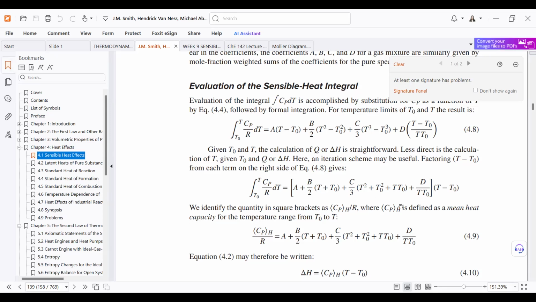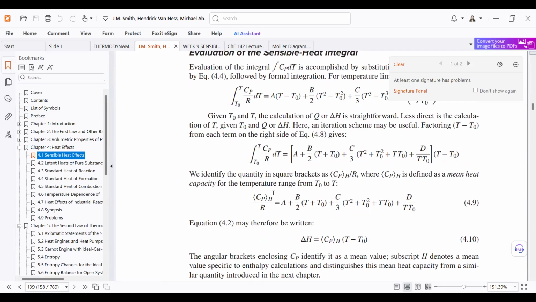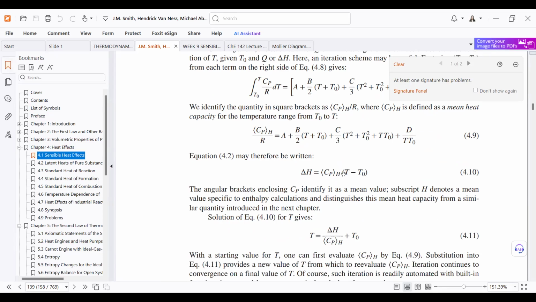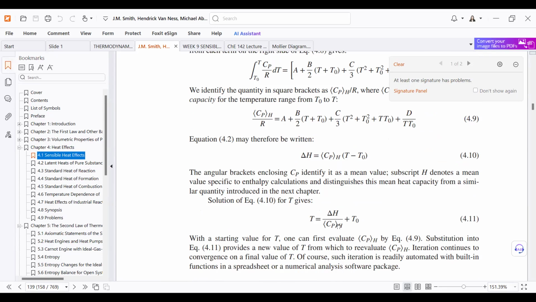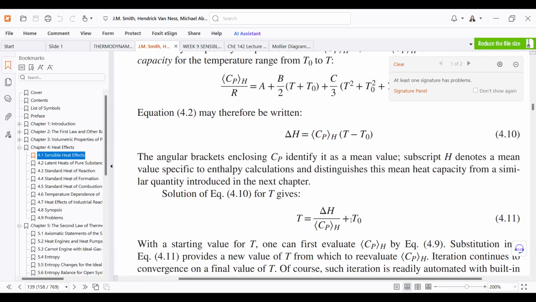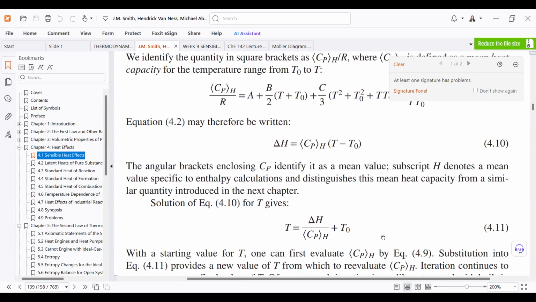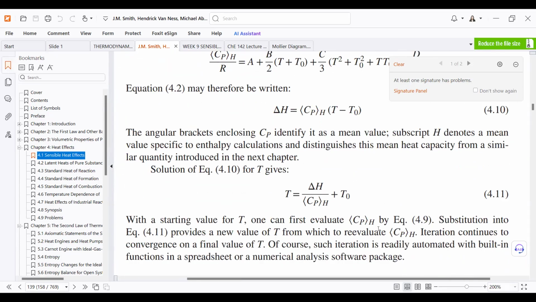So in the book, we can use the mean heat capacity. The mean heat capacity was derived, and this is the equation for it. Therefore, simplifying, we can use this equation 4.11. Not sure if you can use this equation to iterate for T2 with 4.11.